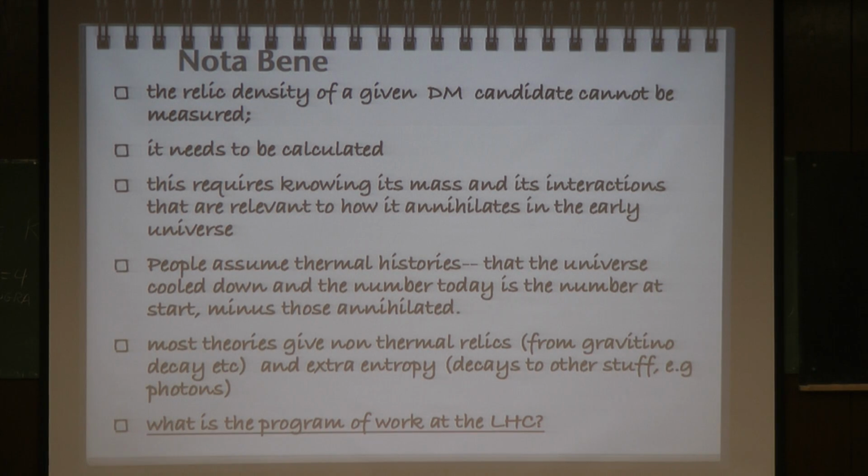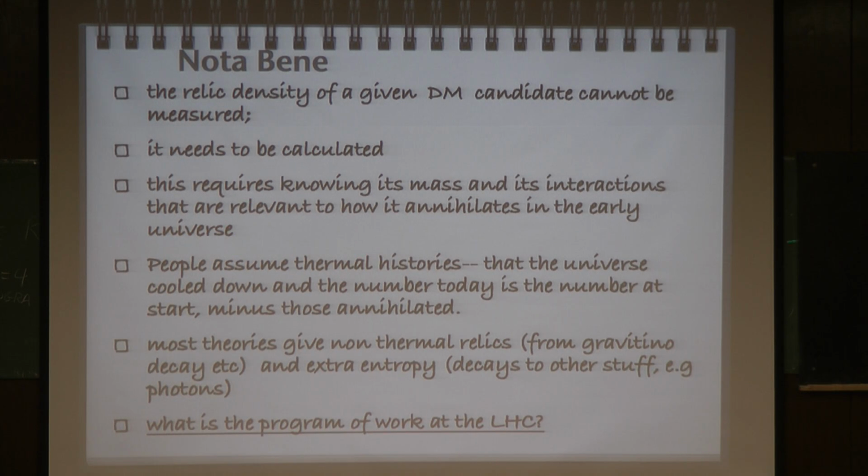However, you learned something about cosmology in this school, and you have to be careful. When you calculate the relic density of a given candidate, you calculate it, you don't measure it. And that requires the mass and the interactions. And these are relevant to how it annihilates in the early universe.